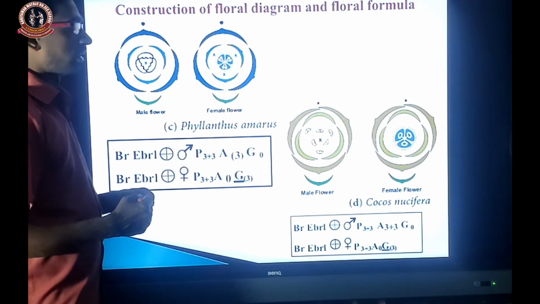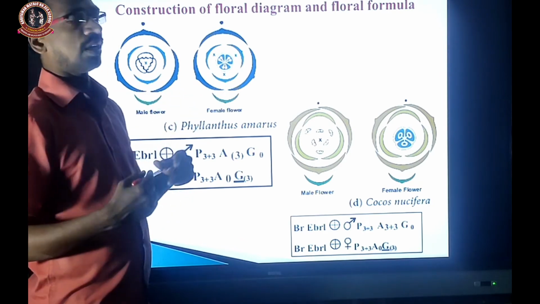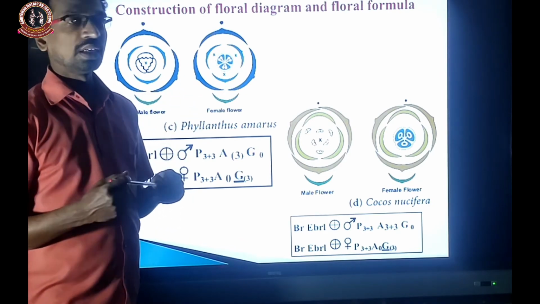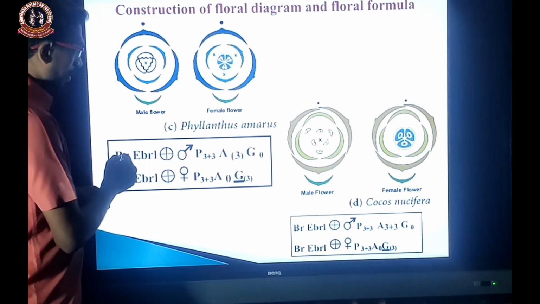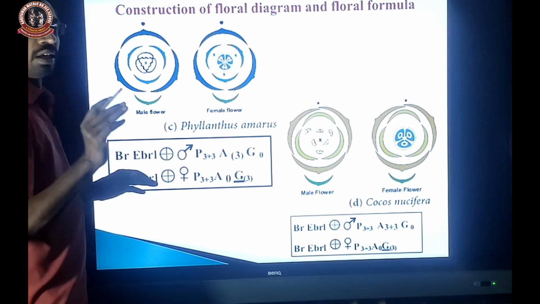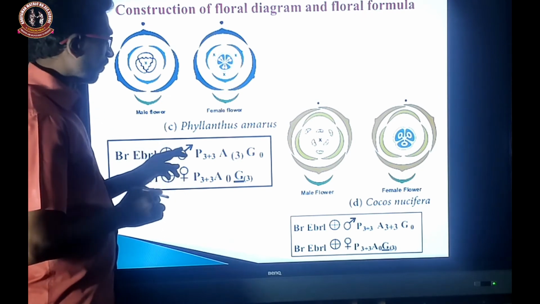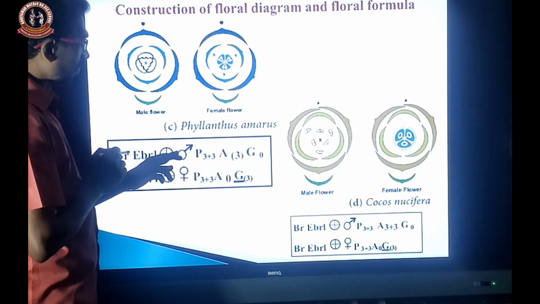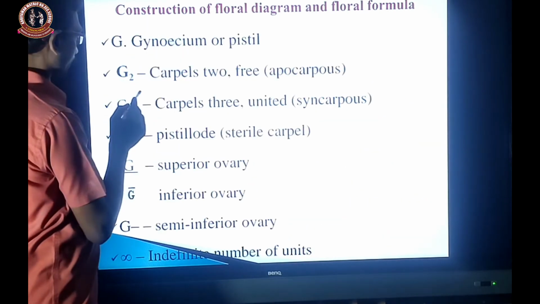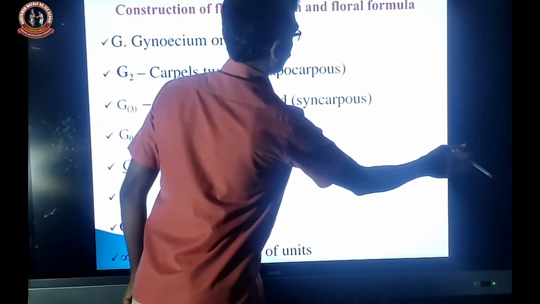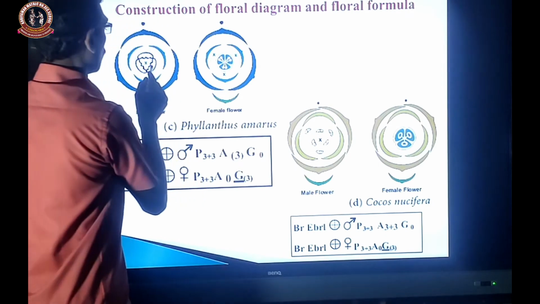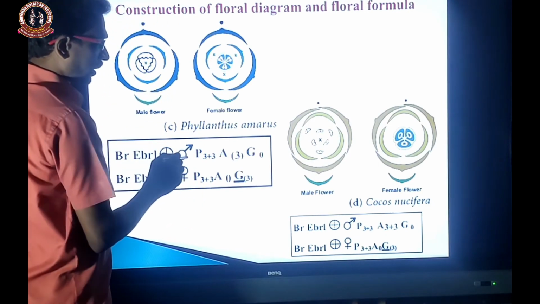The Philodendron, for example. So here the staminate and pistillate flower. You can see that bract is present. Bracteole is absent. Epicalyx is absent. Actinomorphic. It's a staminate flower. It has stamens, 1, 2, 3, so stamens are present.